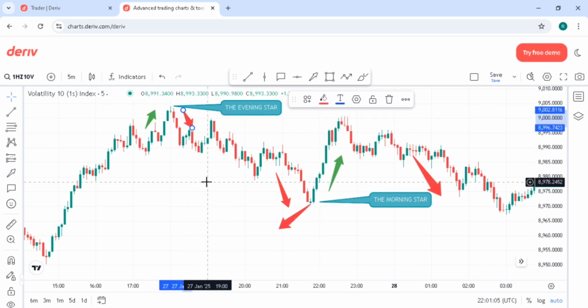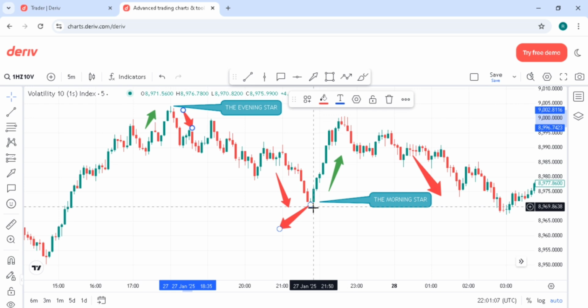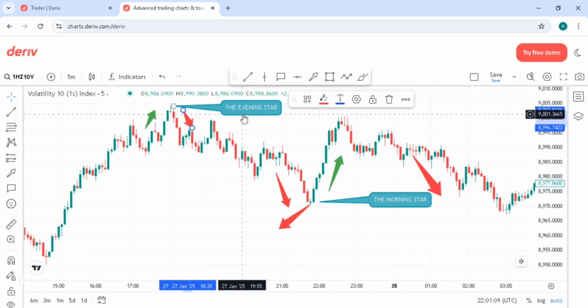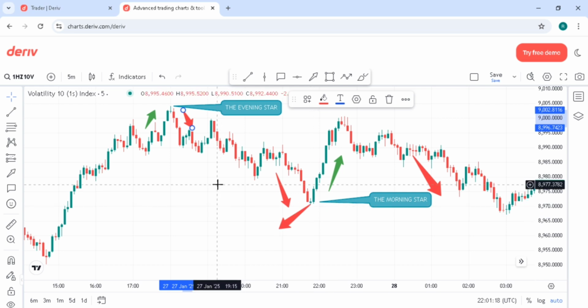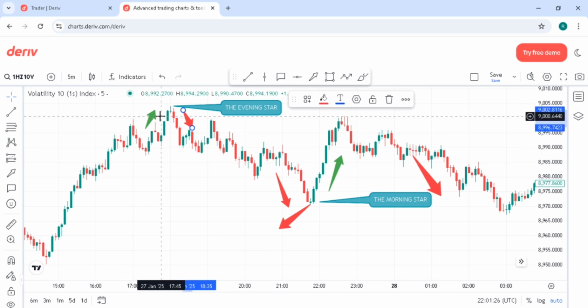Now let me say something here. In the morning star and in the evening star, the middle candlestick, the small body candlestick, could be either bearish or bullish. It could be red or green. That doesn't matter. As long as you look for an uptrend, in the case of the evening star, then a small candlestick, then a red candlestick.